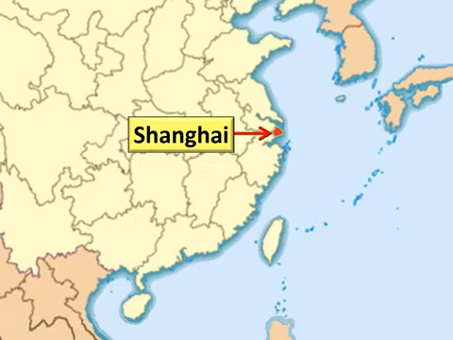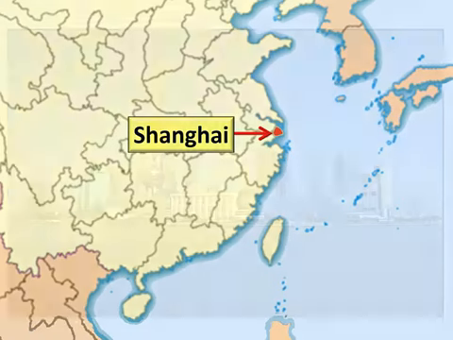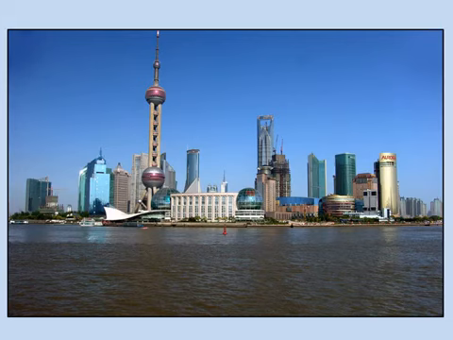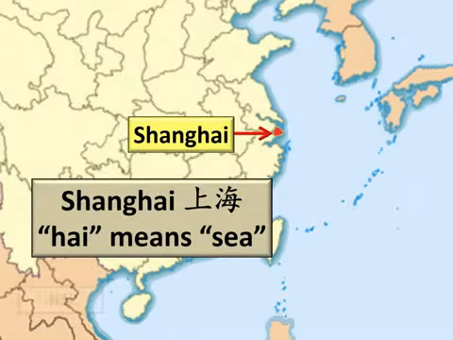24 million people. Just imagine. In comparison, New York has only 9 million. 上海 is the financial capital of China and sits right on China's east coast. 海 means sea. 上海 means on the sea.